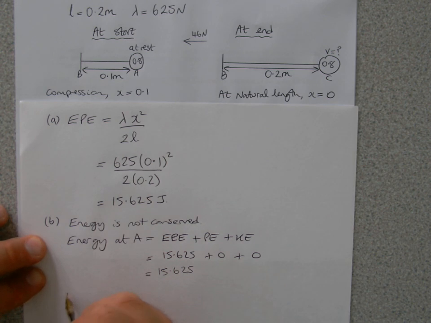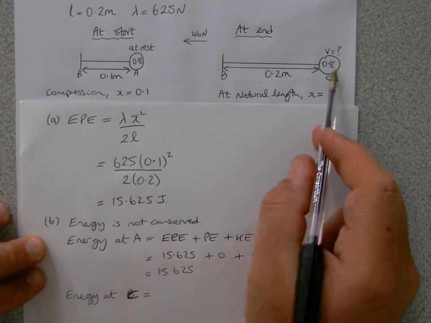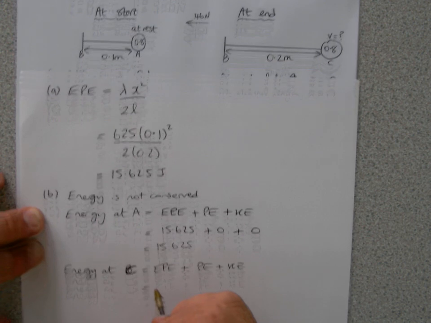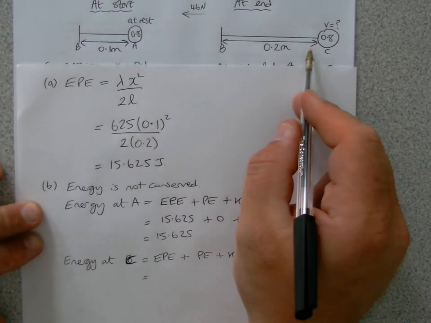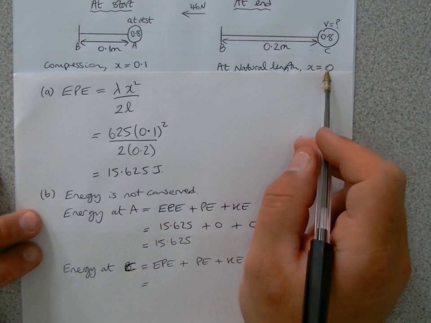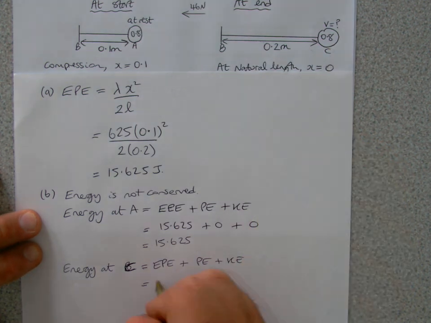When we then consider the energy at C, not B, sorry, at C, let me change that. Let's write all these down: elastic potential energy plus potential energy plus kinetic energy. At C, because it's at its natural length, the extension is 0, so of course the elastic potential energy is 0.